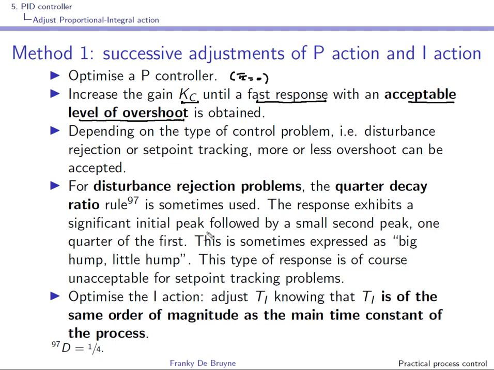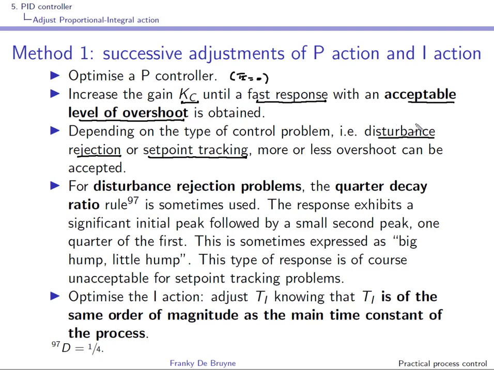It will depend on the type of control problem. Either you have a set point tracking problem, or you have a disturbance rejection problem. If you have a tracking problem, in some cases you might have a little bit of overshoot, in some cases you don't like to have overshoot, so it will be problem dependent.